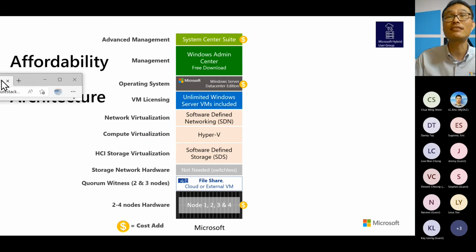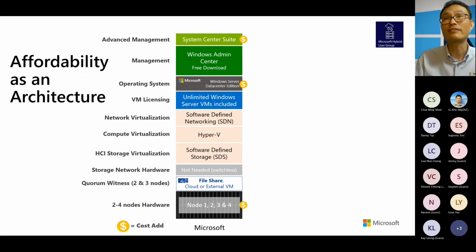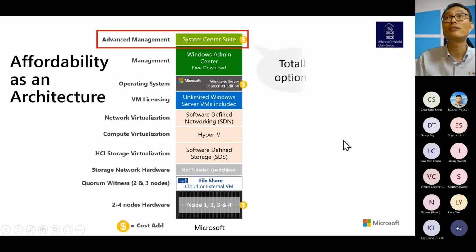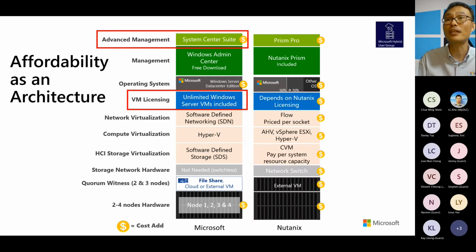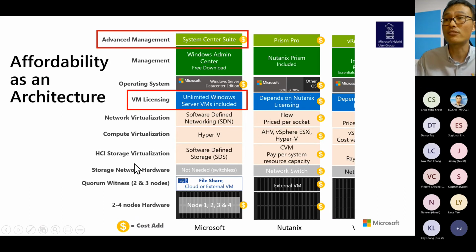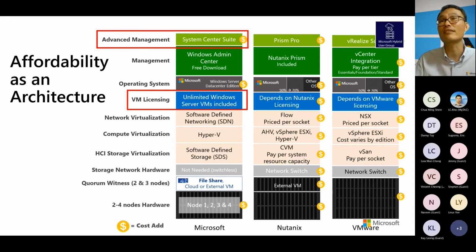Okay, so that takes us to that part of it, right? So how do we compare from a perspective of other solutions that are out there? I'm sure many of you know there's this solution called Nutanix, and there's also this solution called VMware vSAN, from an HCI perspective.